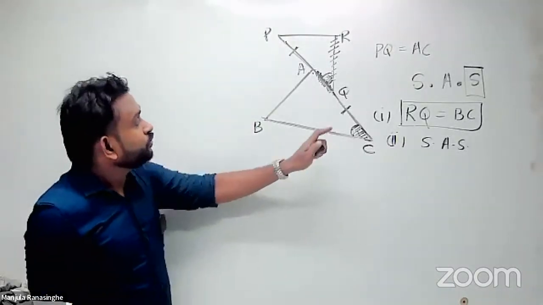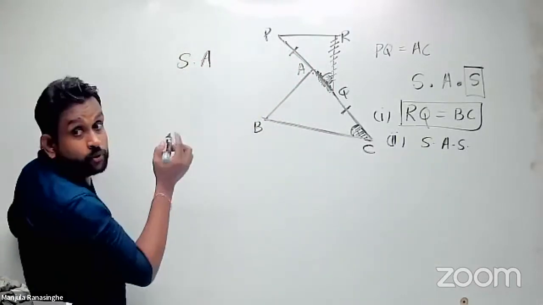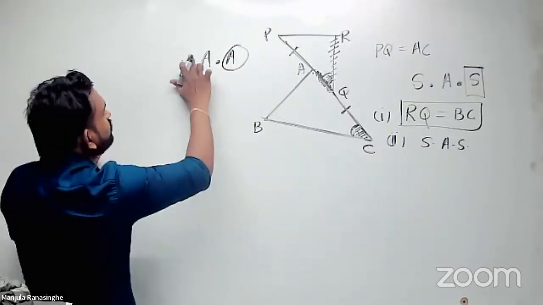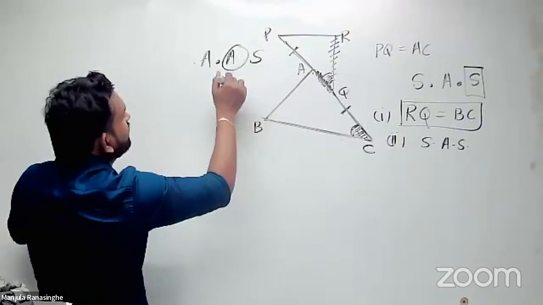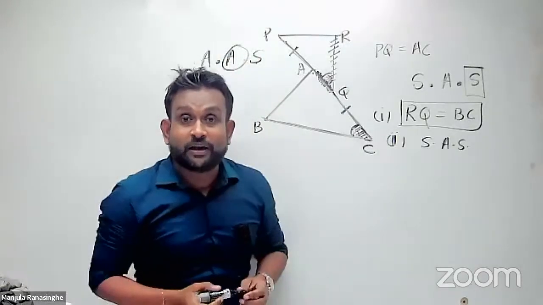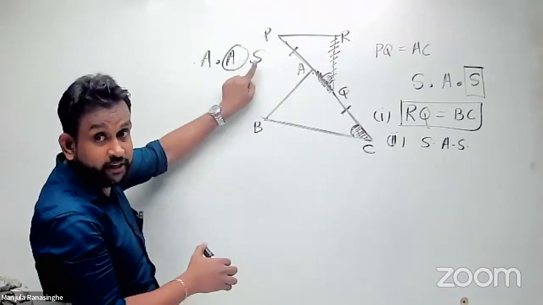Which case? As I mentioned, the SA there, now you can bring another angle: angle, side. So you will write it in this order. Now angle and side are equal, and you can bring in another angle. But when you bring that angle, the side is important, the side has to be corresponding.